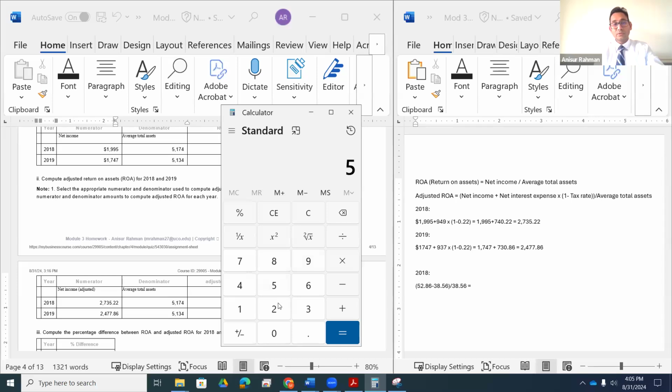So 52.86 minus 38.56 divided by 38.56. So that is 37.09.